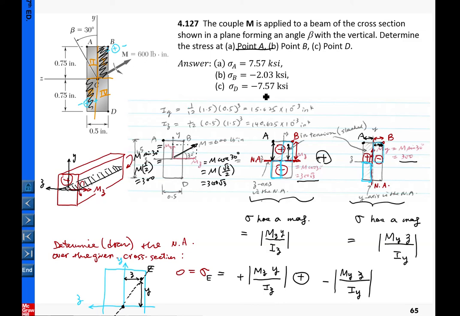We calculate IZ and IY, the moment of inertia with respect to the y-axis or z-axis. From this, we should be able to solve for y equal to 5.2 z. Okay, so y equal to 5.2 z.